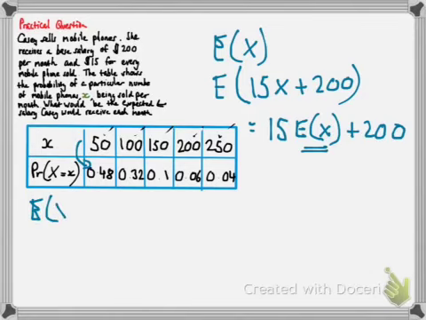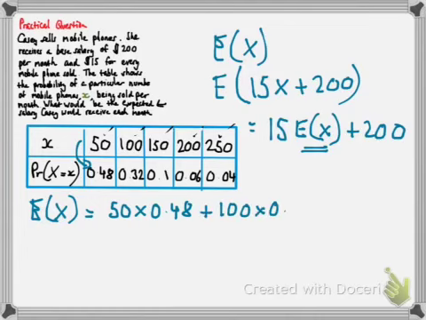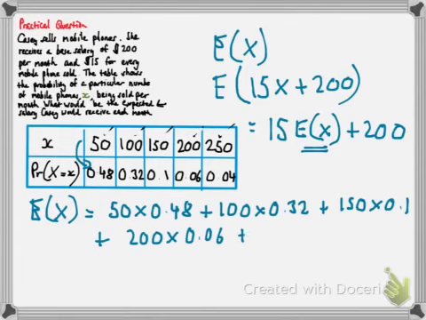Expected value of X equals 50 times 0.48, plus 100 times 0.32, plus 150 times 0.1, plus 200 times 0.06, plus 250 times 0.04.